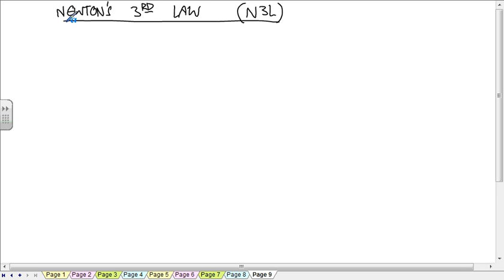But that phrase is very, very easy to misinterpret. So if you're using that subscript notation, mathematically Newton's third law just says this: the force on A by B is equal to negative the force on B by A. And that's it.